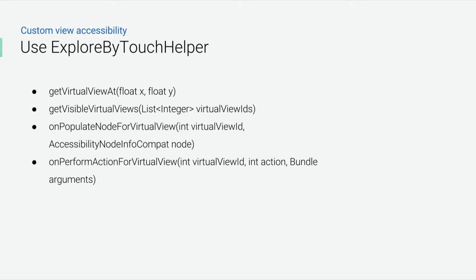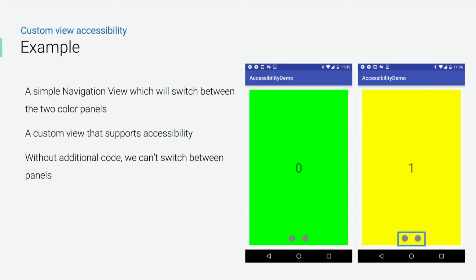You could use something called ExploreByTouchHelper, and you will have to override these methods to make your custom view accessible. Before getting into an example, the way you do it is inside your custom view. For example, here, the highlighted box in blue is a custom view.